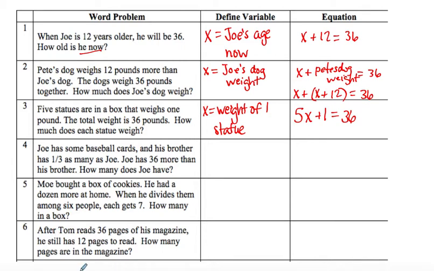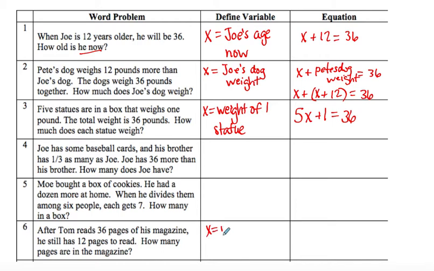Okay, I'm going to go to 6. After Tom reads 36 pages of his magazine, he still has 12 pages to read. How many pages are in the magazine? After Tom reads 36 pages of his magazine, he still has 12 to read. So what we don't know is how many pages are in the magazine.